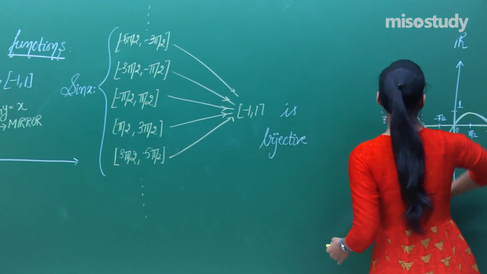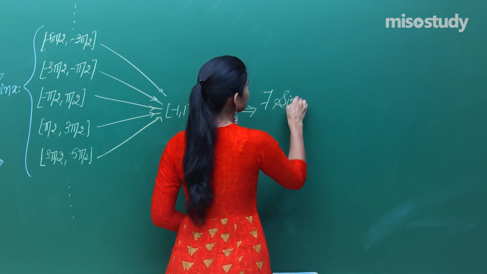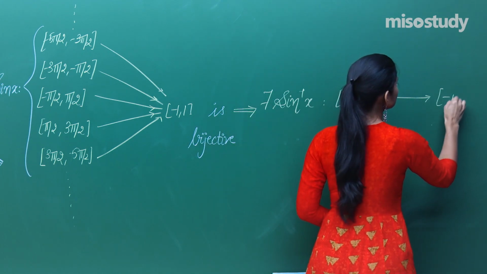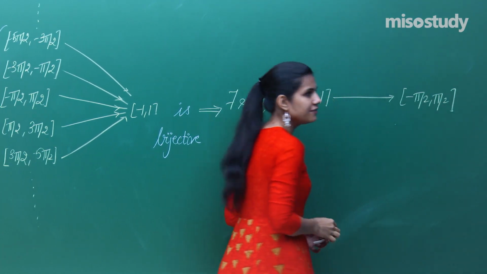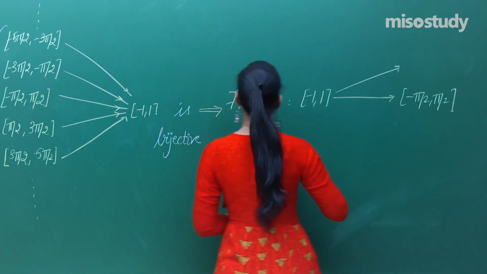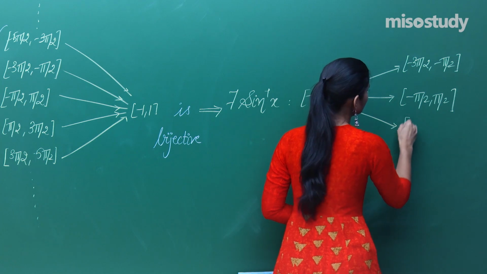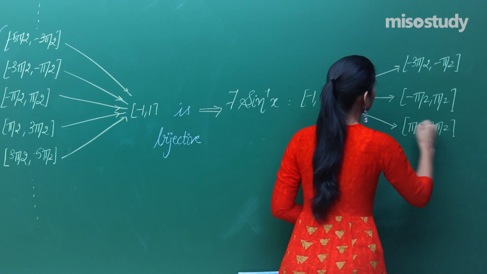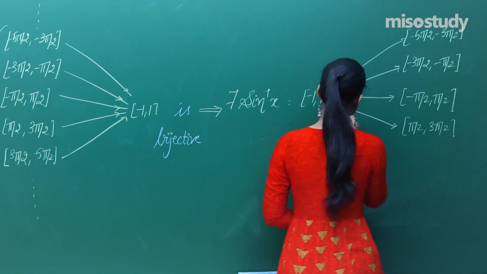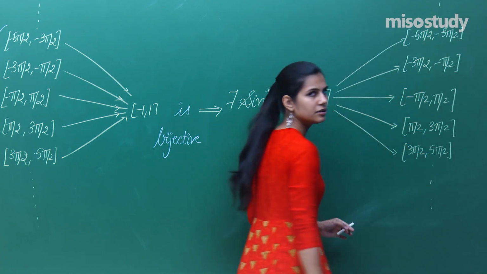That means there exists sine inverse x not just from [-1, 1] to [-π/2, π/2], but sine inverse x can also exist from [-1, 1] to [-3π/2, -π/2], [-1, 1] to [π/2, 3π/2], [-5π/2, -3π/2], [3π/2, 5π/2], and so on, right?